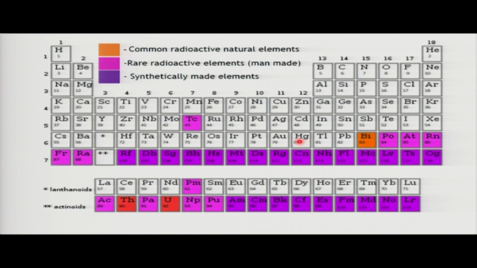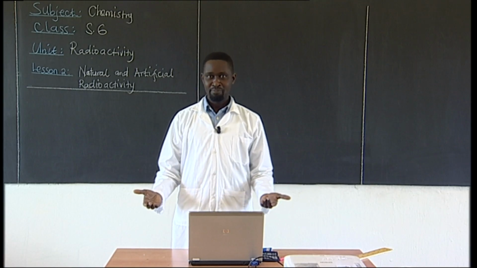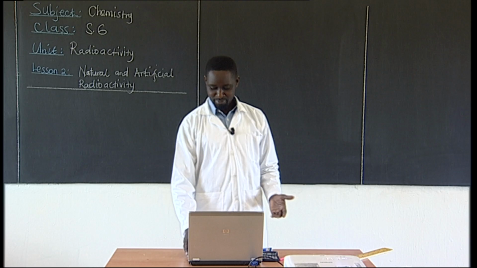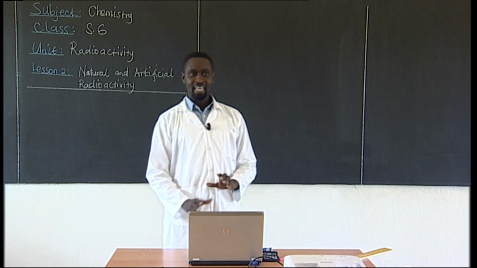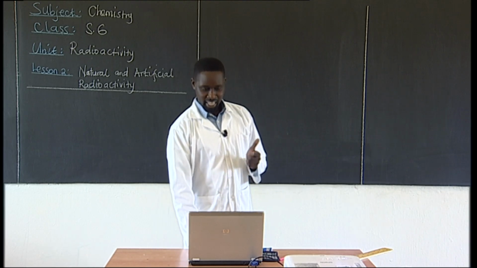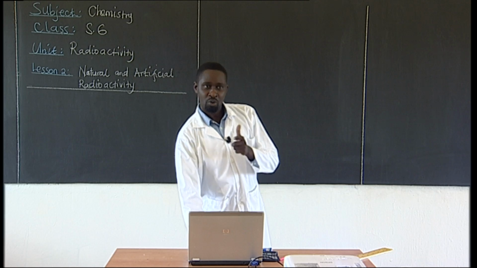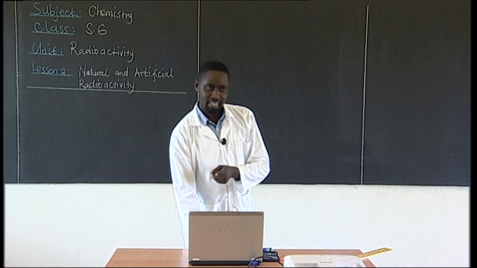But again, we have this element which is radioactive, and it is having the proton number less than 83. Why? Any idea? That is now case 2. Other conditions bring about radioactivity.